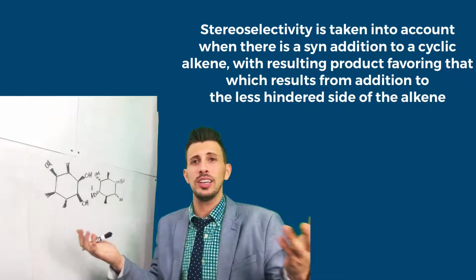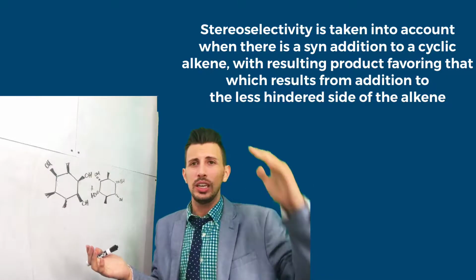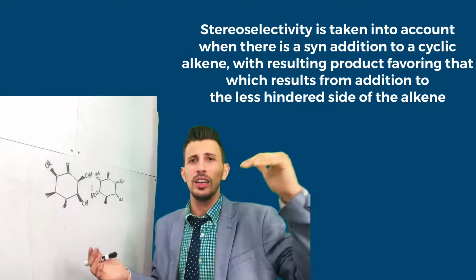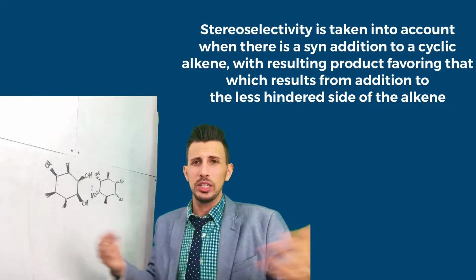If you have cyclohexene, whether you add it from the top layer of the alkene or the bottom layer, you're going to end up with a meso compound.